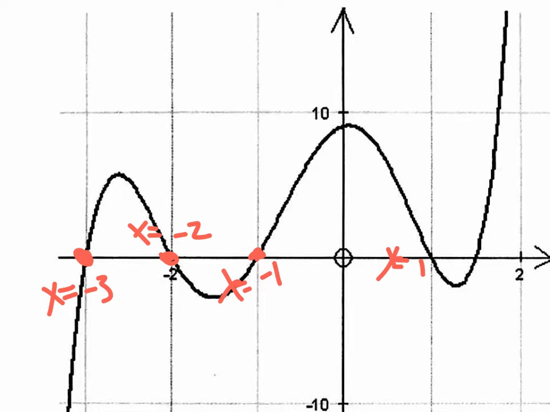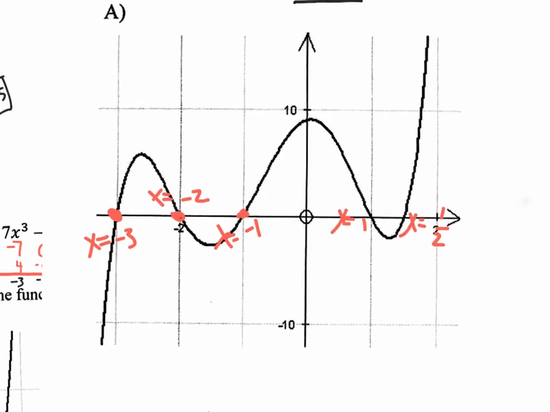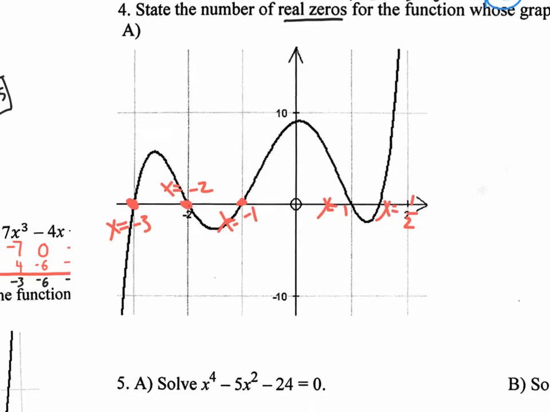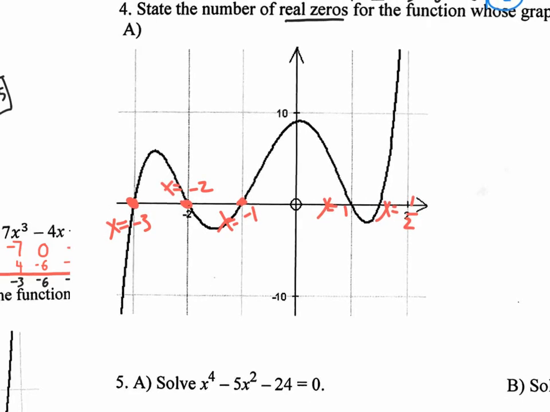And the x value of, it looks like it's 1/2 right there, because it's halfway from 1 to 2. Does that make sense? So when it asks for the real zeros, it's asking for the solutions, and it is all those solutions. -3, -2, -1, 1, and 1/2. So that will be on the final.